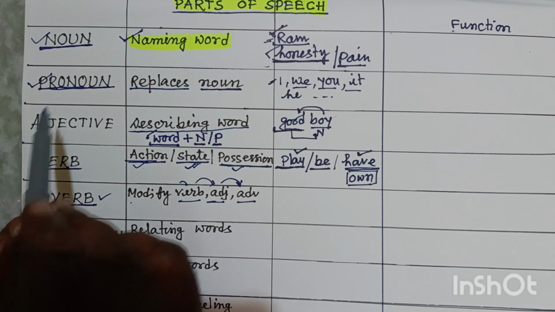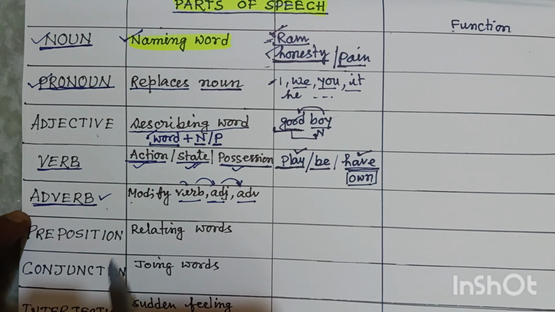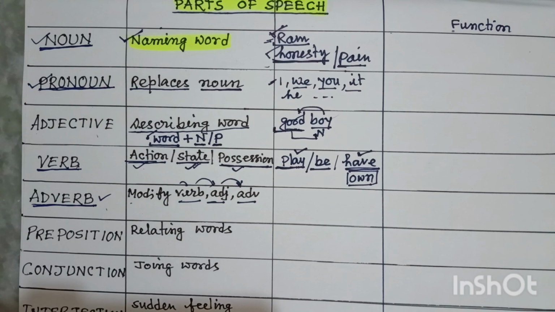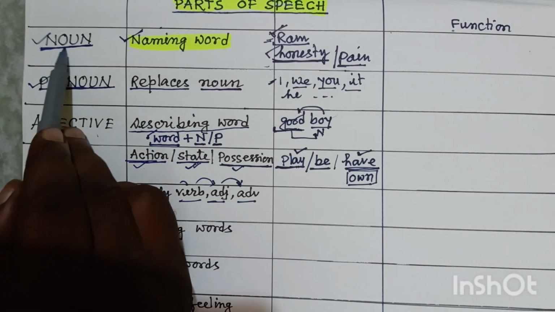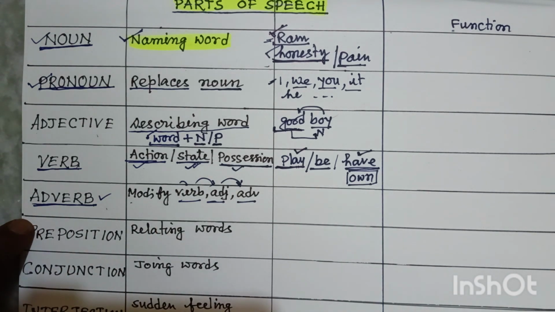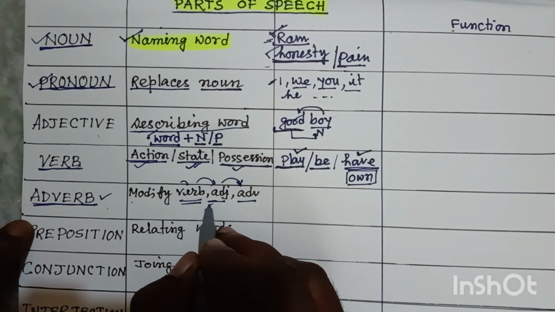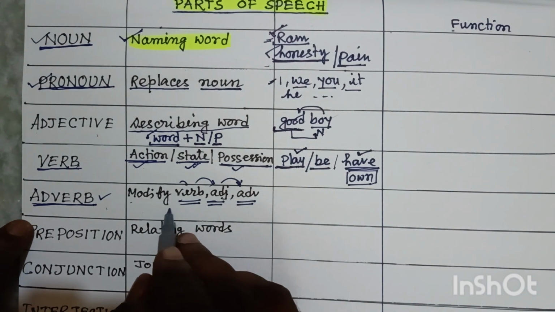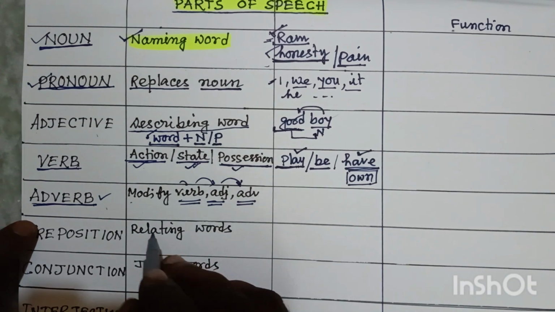That means, except noun and pronoun, it can modify adjective, verb, other adverb, preposition, conjunction also. Interjection actually is not a part of the main sentence. But normally, it modifies verb, adjective, and adverb. That's why we have written here only these three words.